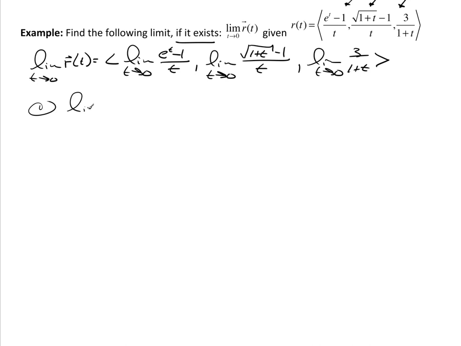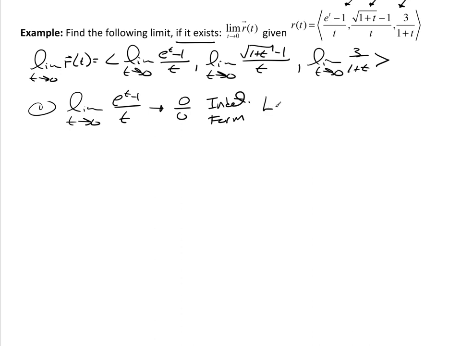First, I need to take a look at the limit as t approaches 0 of (e to the t minus 1) over t. As you can see, e to the 0 is 1, 1 minus 1 is 0. This goes to 0 over 0, which is an indeterminate form.